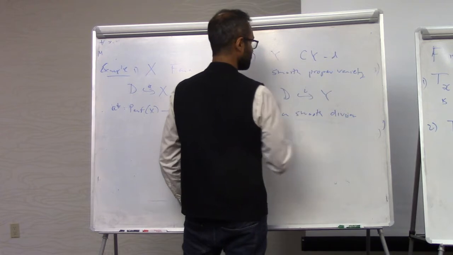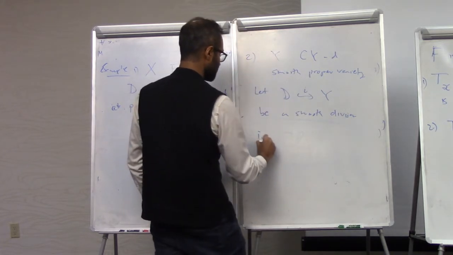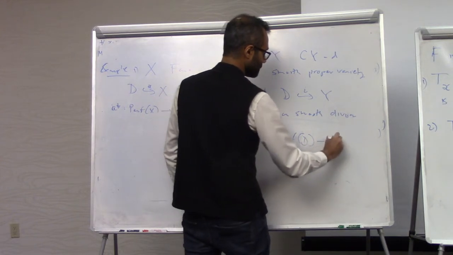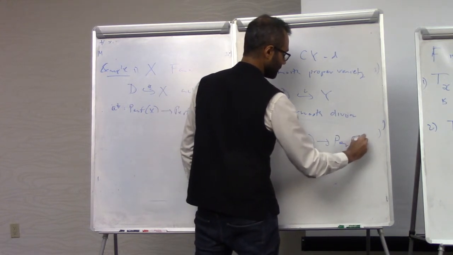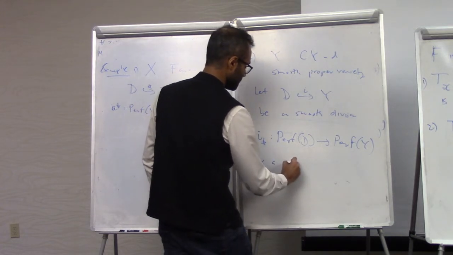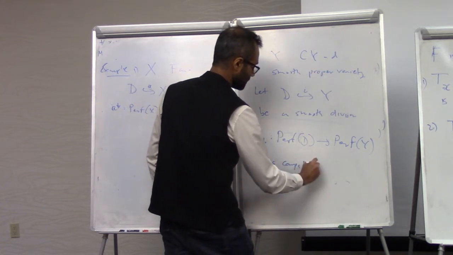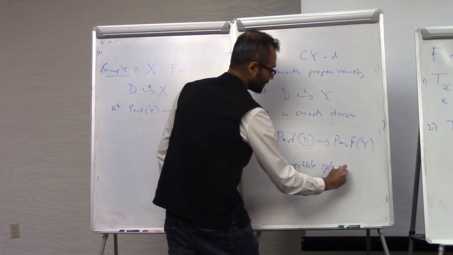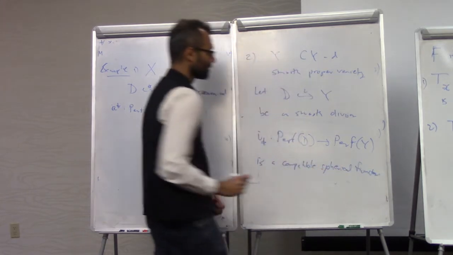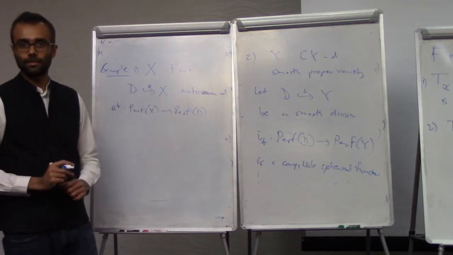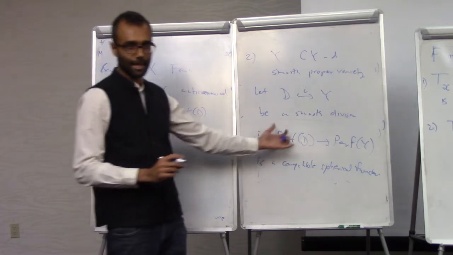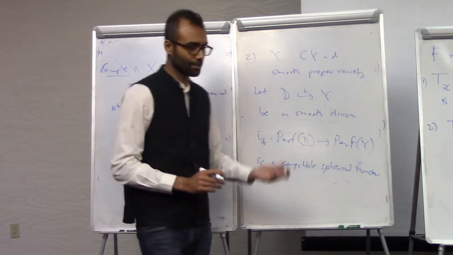And now instead of taking the pullback, I look at the pushforward, i lower star, mapping Perf D to Perf Y, is a compatible spherical functor. You don't want a general type condition on D? No conditionality. And there's further evidence that in fact this carries a relative Calabi-Yau structure, which comes from another theorem.